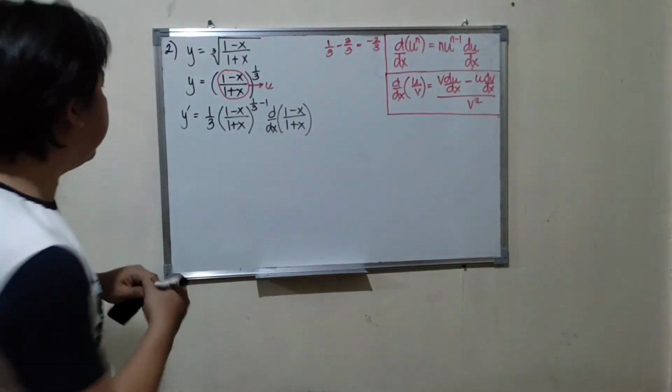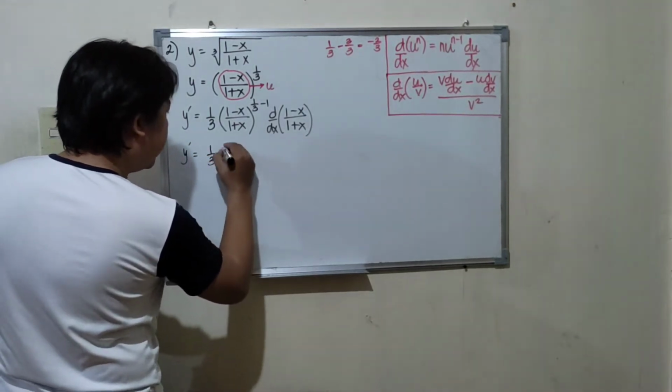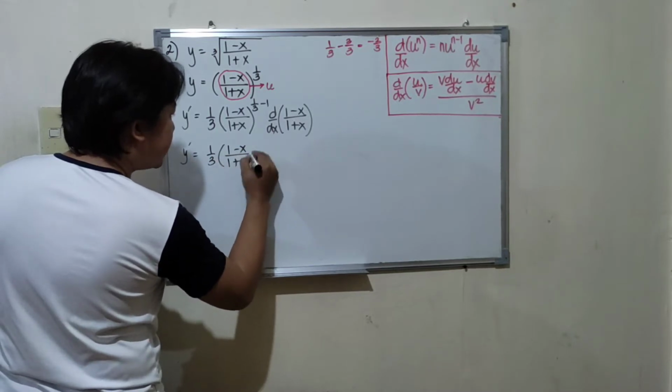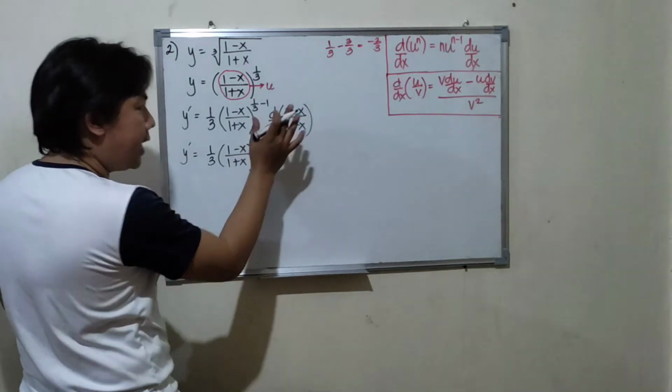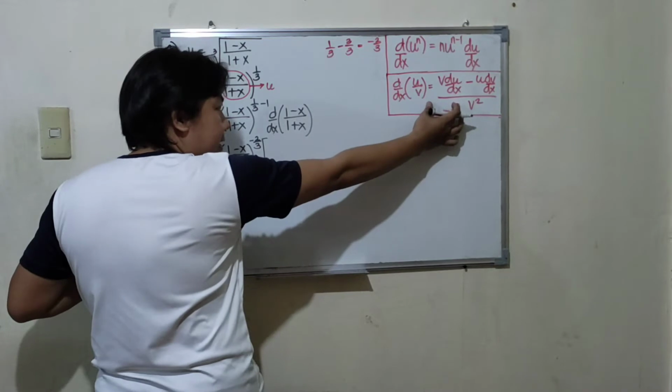Okay, so now we have y prime is equal to 1/3 raised to 1 minus x over 1 plus x raised to negative 2/3. Then apply this, the quotient rule.